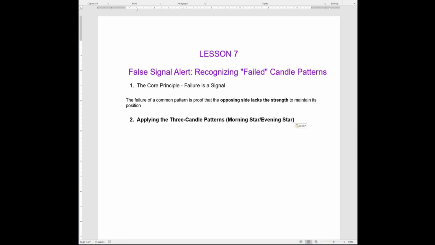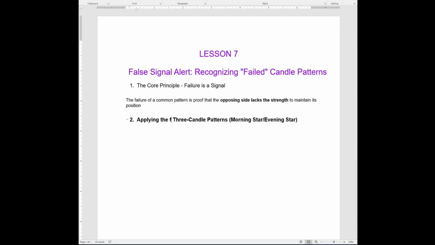For two candlestick patterns, of course, I usually told you that the most common patterns that appear on the real trading chart are the bullish and bearish engulfing patterns, right? And after that, I will show you what we should do when they fail. Firstly, we will start with applying the failed three candlestick patterns.